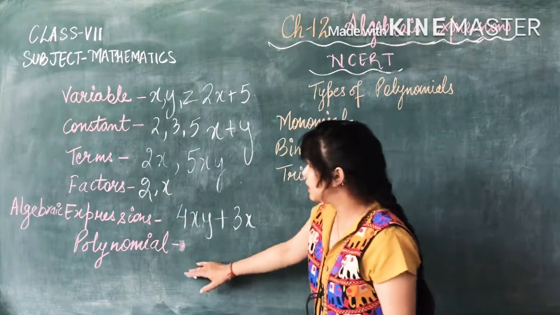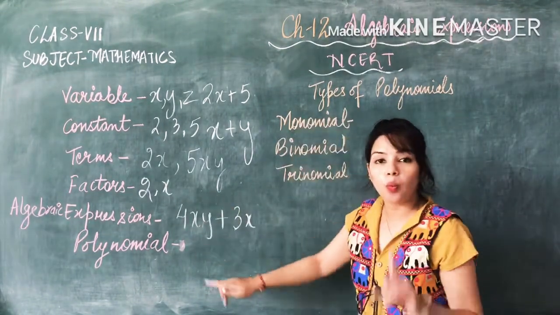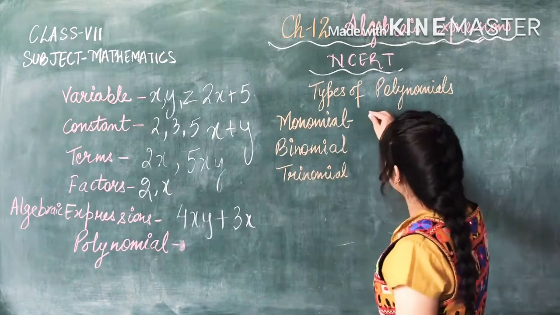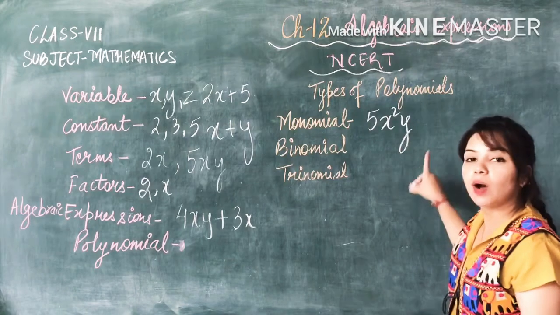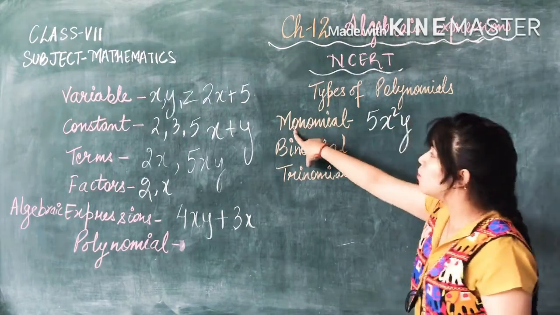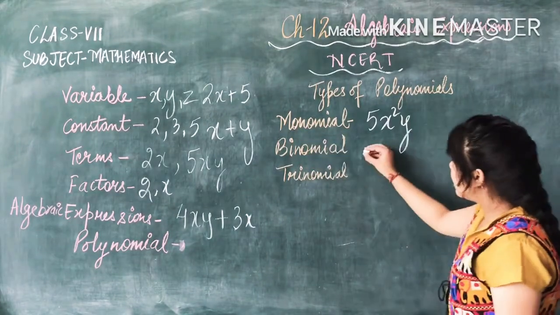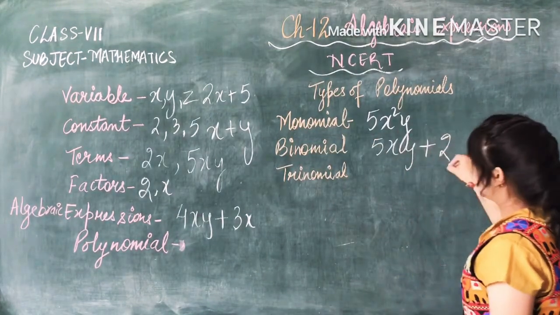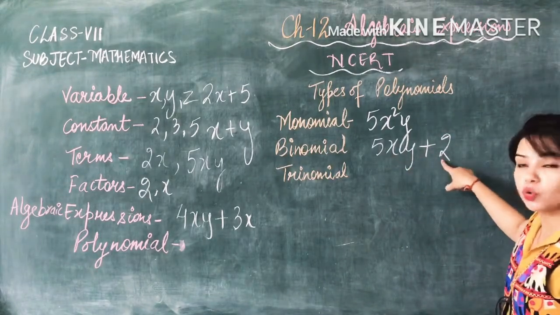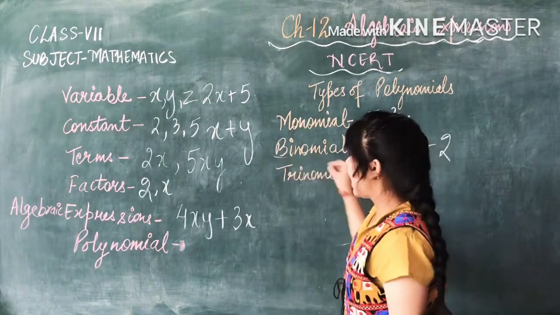Now, polynomials can be of different types. If the polynomial has only one term, like 5x squared y, it has only one term, so it is known as a monomial. Mono means one. If the expression has two terms, suppose 5xy plus 2, there are two terms, then it is known as a binomial.